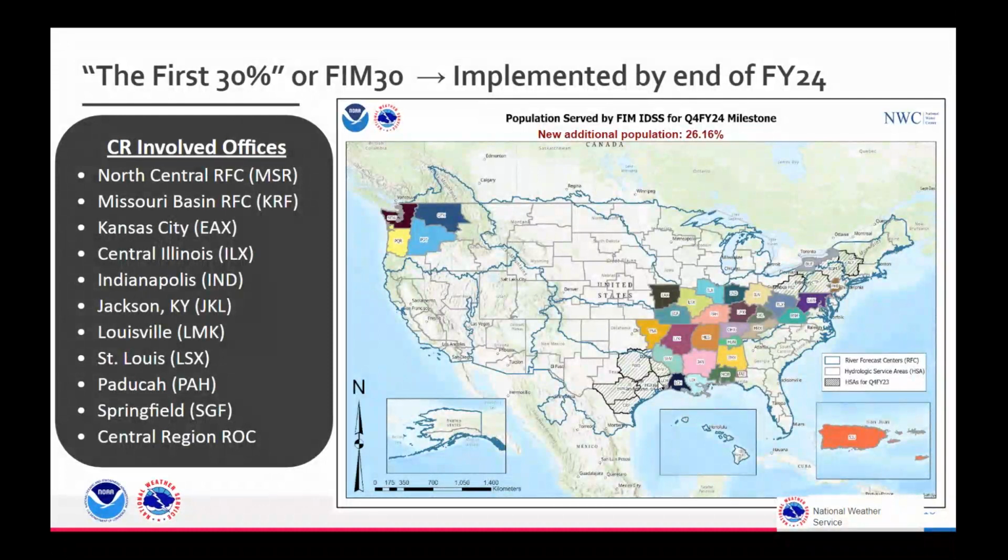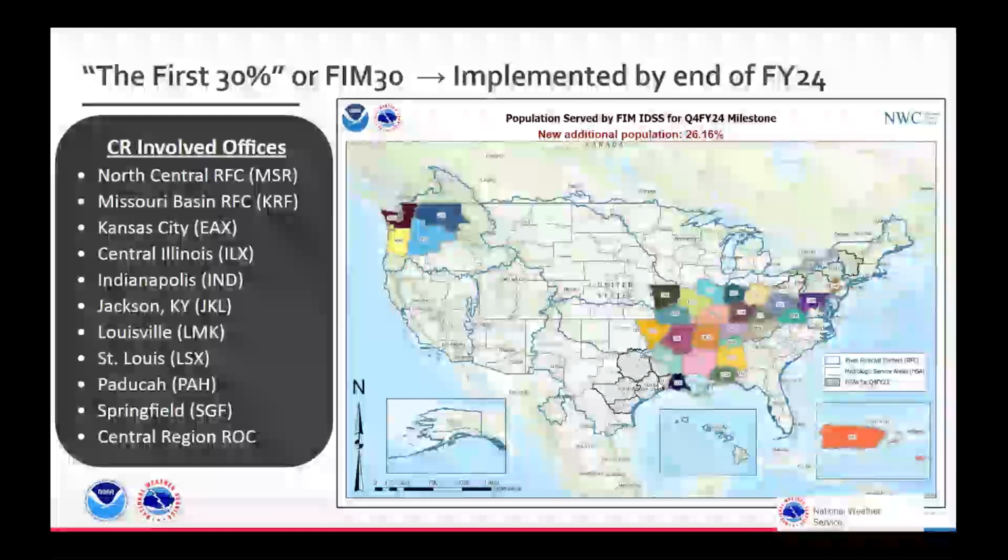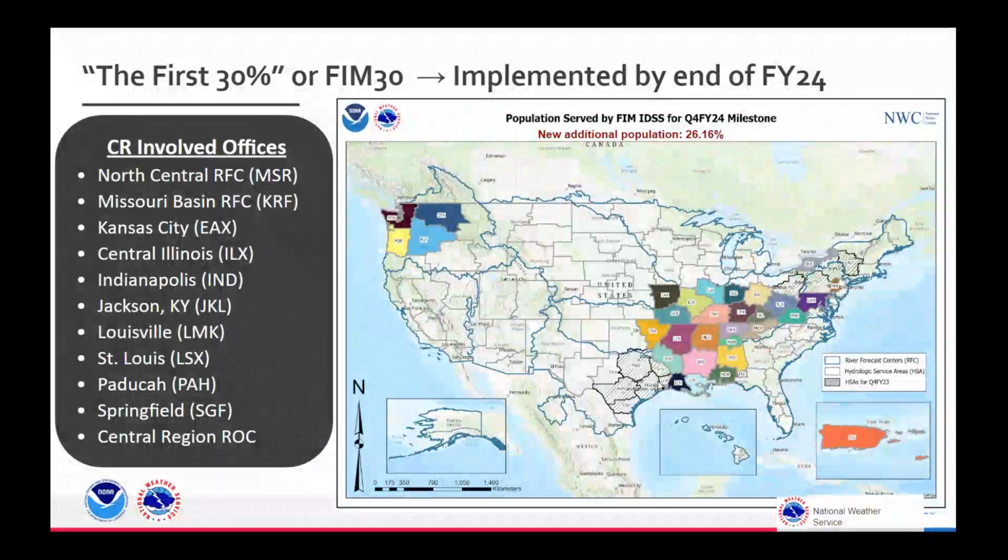The 60% has not been determined yet, but as we get into a lot more rural areas, I'm sure you could see a lot more expansive expansion, because going from 30% of the population to 60% of the population is going to include a lot of areas. So I'm not sure where that's going to go next, if it'll go south, east. I would assume that there will be more of Central Region involved in the 60%, but I can't say at this time where that's going to be.